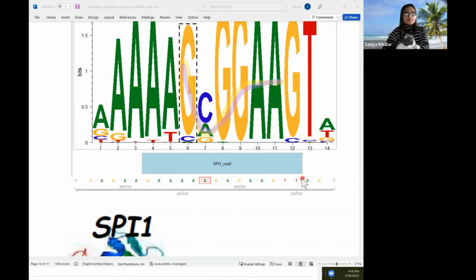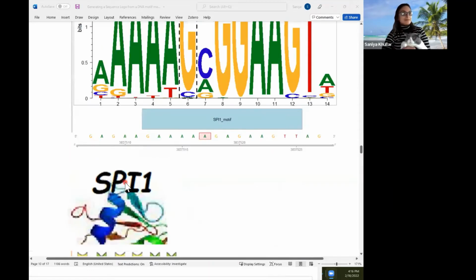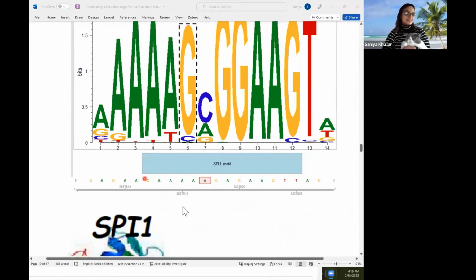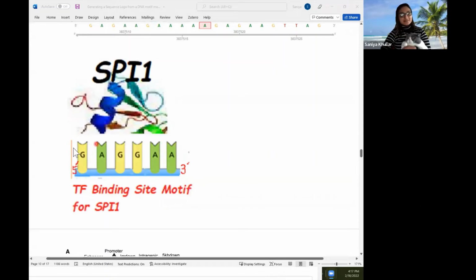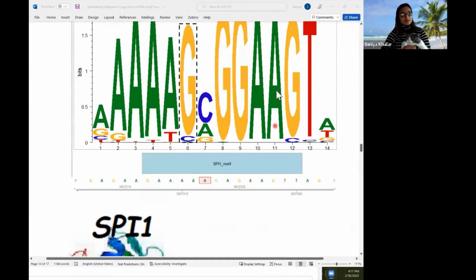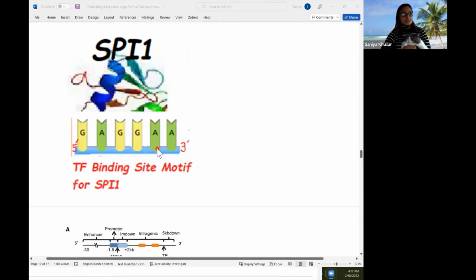It could bind to a pyrimidine like T here, but this is just an example of a data resource, and it shows a sequence logo, and the SPI1 motif could be this here, and SPI1 could then bind to that. Things are not always black and white. They could be shades of gray. So this looks like the motif for SPI1. But the general idea here is that this is what we typically assume is the binding site motif for SPI1. In general, it is composed of a lot of purines, A and G.